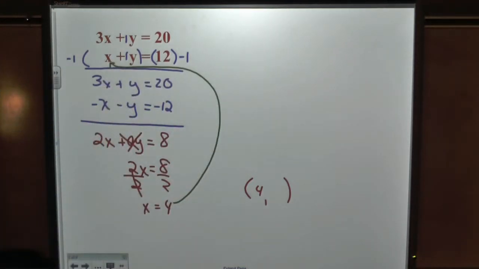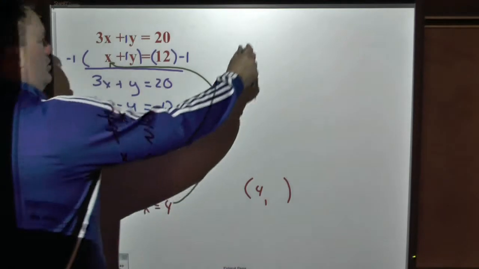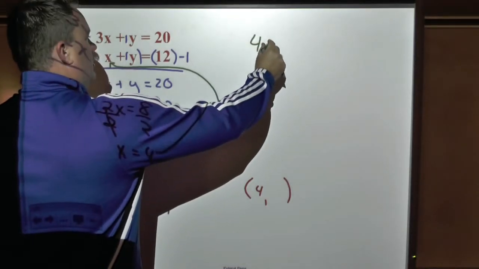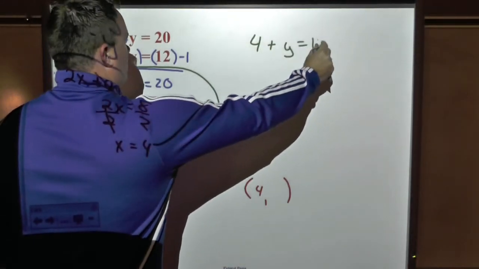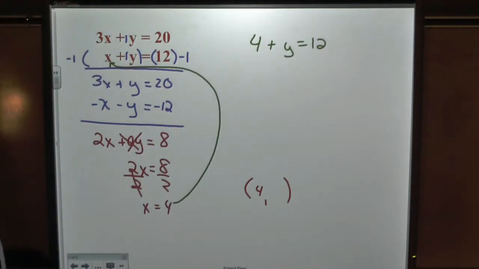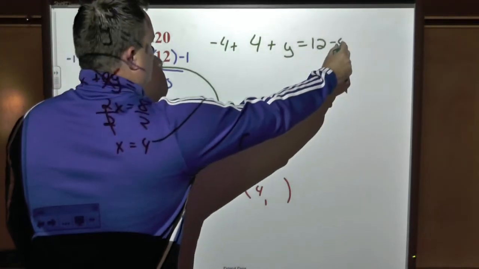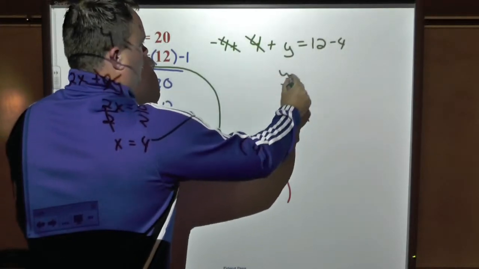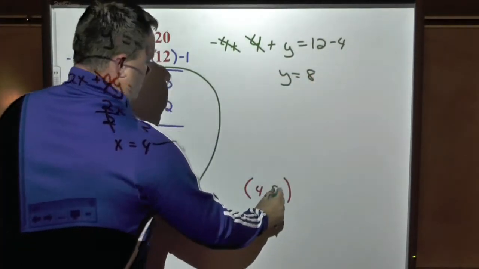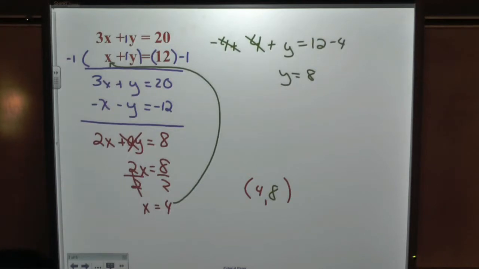You can use the first and still get the same answer, but I know that if x is 4, I can just write 4 plus y is equal to 12. At this point, I've just got a one-step equation to solve. Adding -4 to both sides, y is equal to 8. So these two lines, if you were to draw them on a graph, would intersect at the point (4, 8).